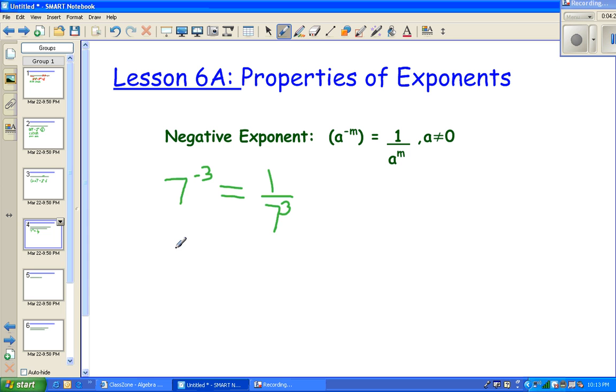But also keep in mind that if you already are in the denominator, then you would need to move up to the numerator. So the negative exponent just tells you whatever's being raised to that needs to go the opposite place and become positive.